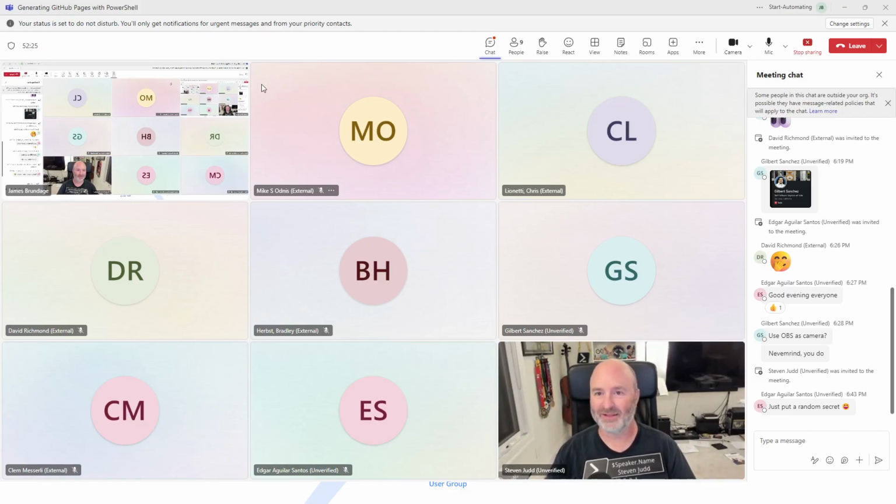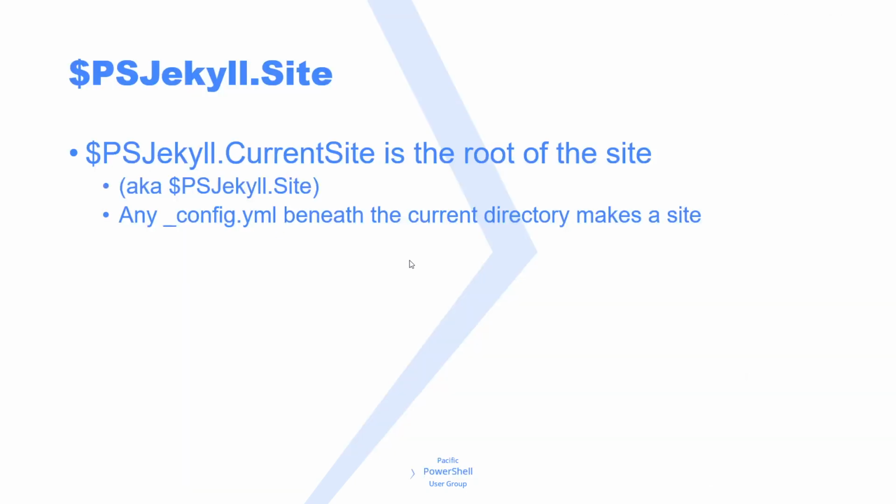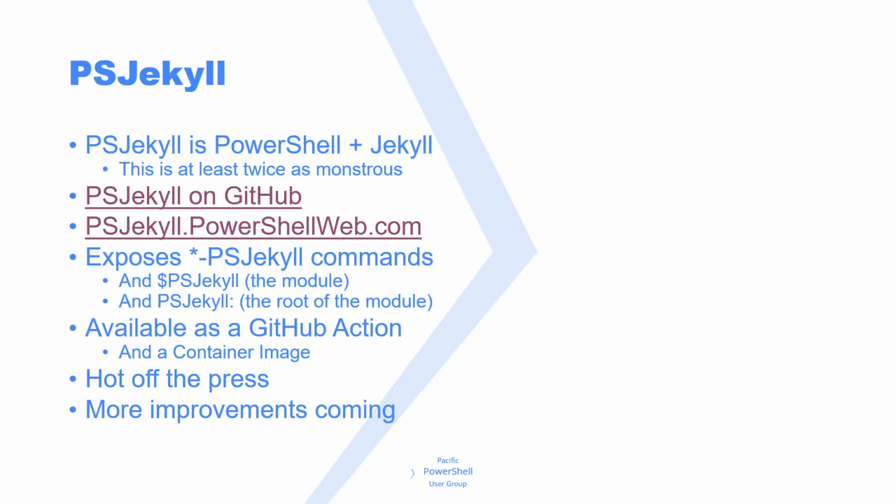We were about to show off some Jekyll and CI/CD and containerization. But first, we were covering the basics here. Okay, so PSJekyll is this nifty new PowerShell module. You can get it on GitHub. There's a new org for PowerShell and web development. It's called PowerShell Web. Anybody can join. PSJekyll.PowerShellWeb.com is its website.